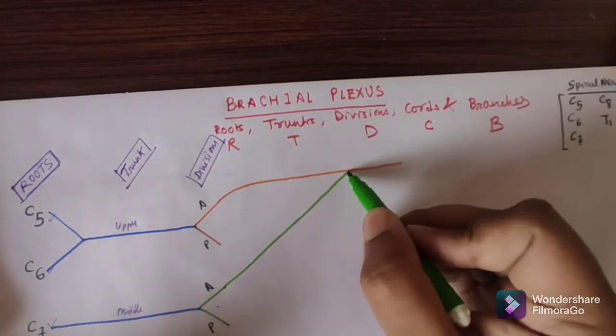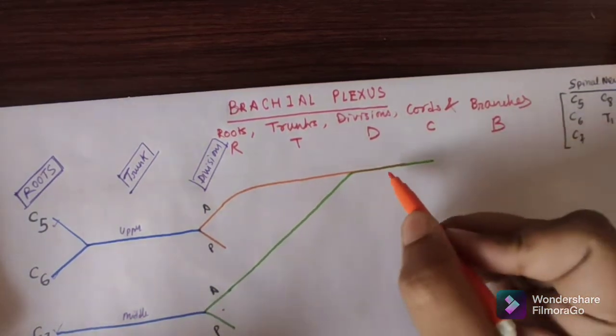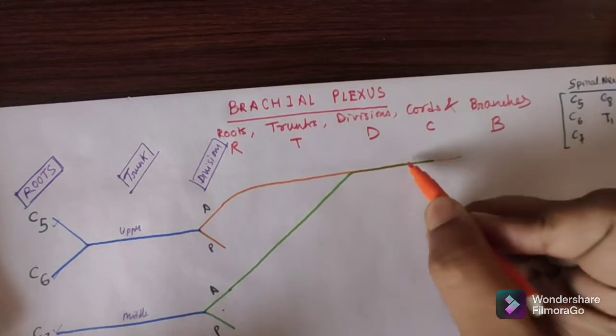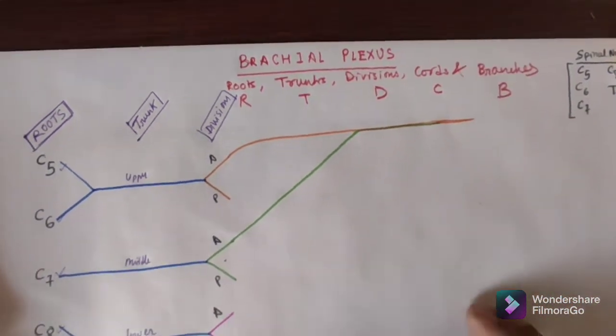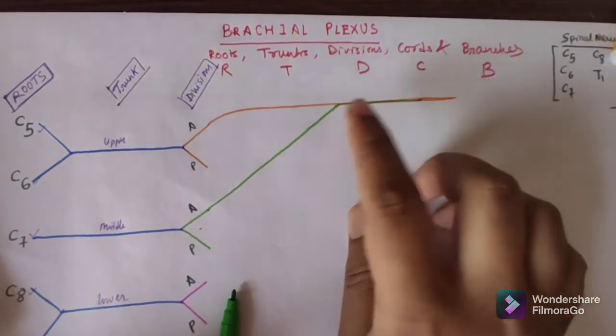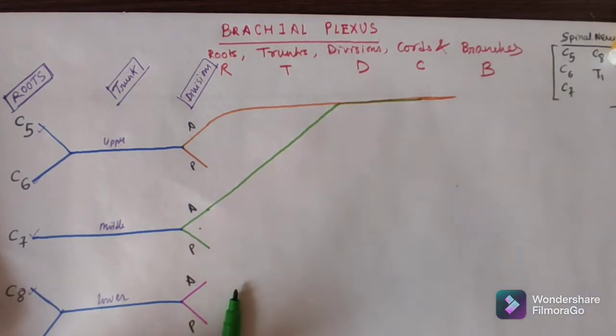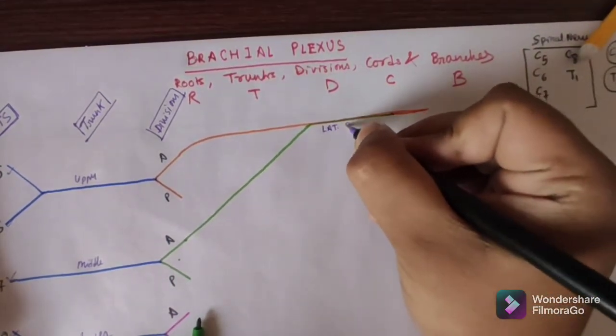So this is going to form the lateral cord of the brachial plexus. Let's name it: this is the lateral cord.